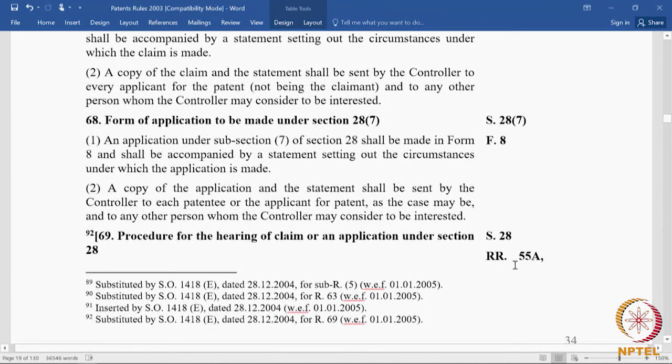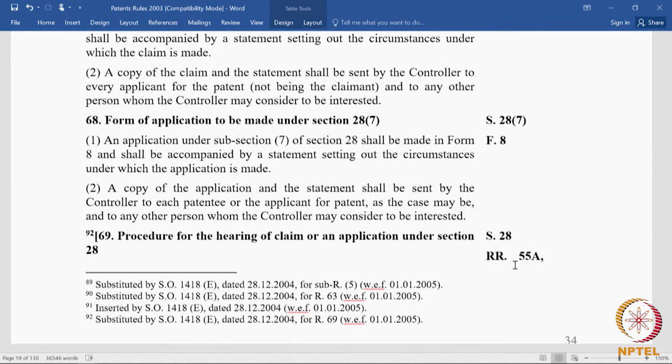Now, we saw the certificate. 28(7) talks about a certificate. It is one of the few provisions where you can rectify an error. The controller has power to correct mistakes and clerical errors. Controller generally has that power, but a process of rectification like filing a petition and getting something rectified, this is one of the provisions where you can rectify, and by rectification we mean something else is on record and you want to correct that.